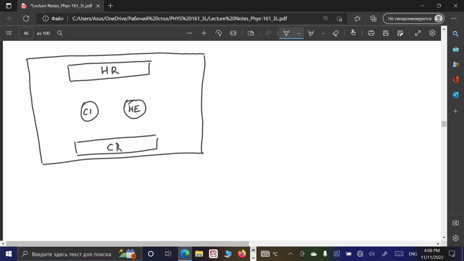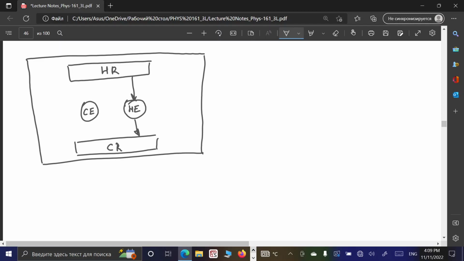We still call it Carnot engine, but with arrows we will show what they actually are doing. So the heat engine is operating in normal regime. It absorbs some heat from the hot reservoir, performs some work, and expels the rest of the heat to the cold reservoir.